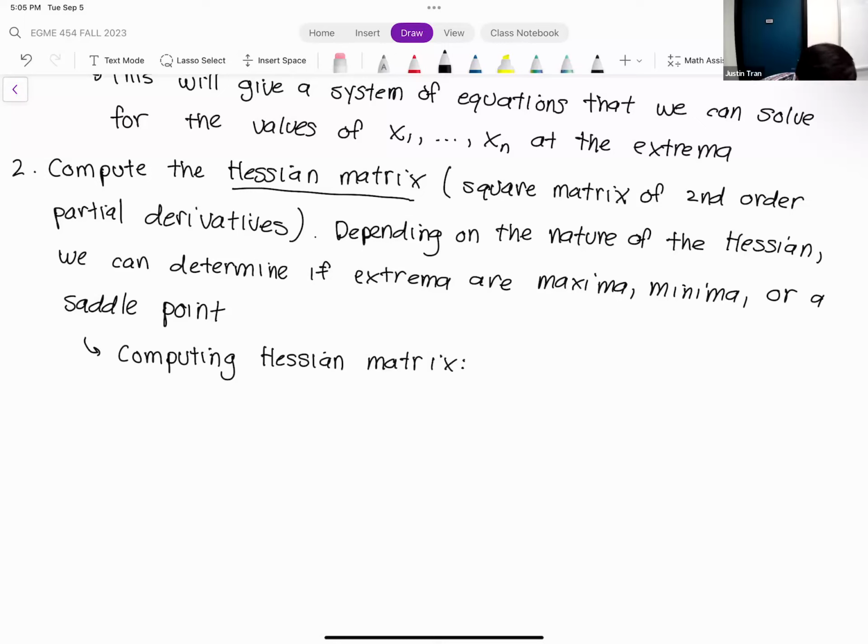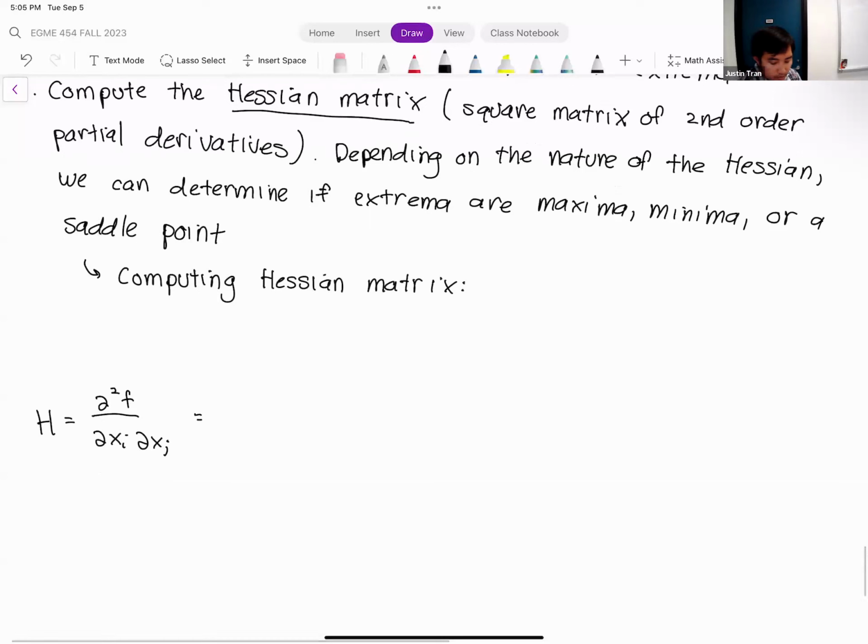So the Hessian matrix, usually I give it the symbol capital H. Okay. In index notation, it looks like the following. So you have partial squared f, partial xi, partial xj. Okay. And so this i and this j are very crucial. So these i and j refer to the rows and columns of the square matrix.